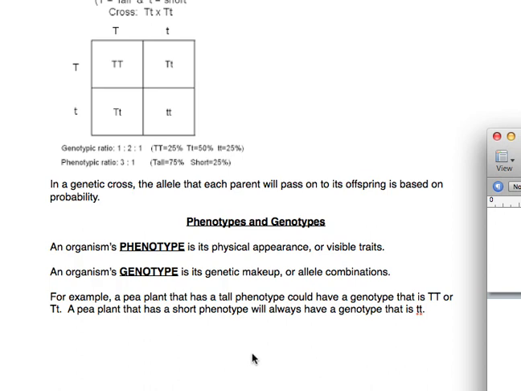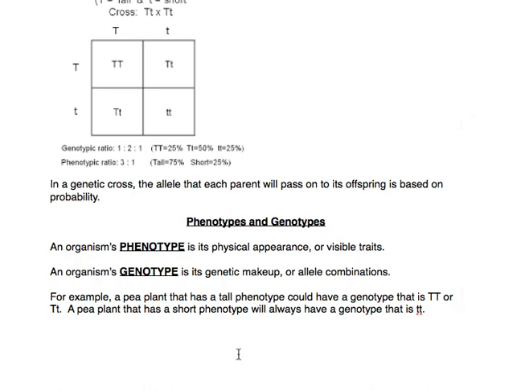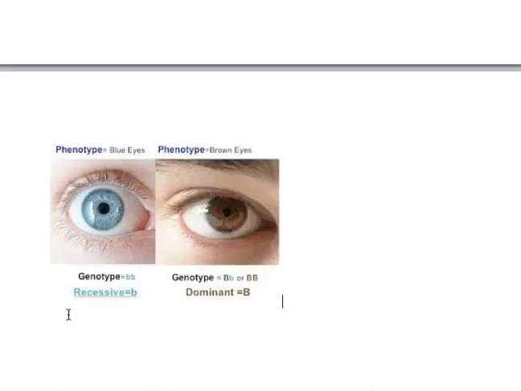I'm going to put this down here because it applies to humans and maybe it'll help. If a person has blue eyes, that's their phenotype, their genotype is little b little b.